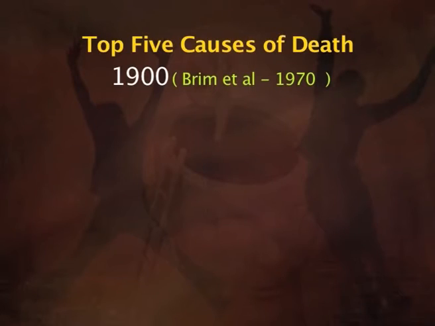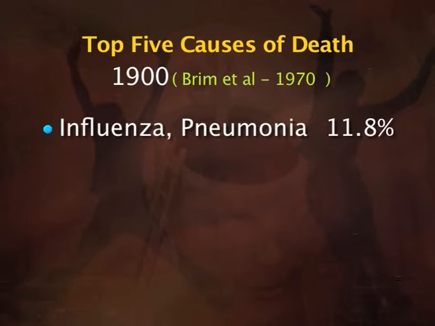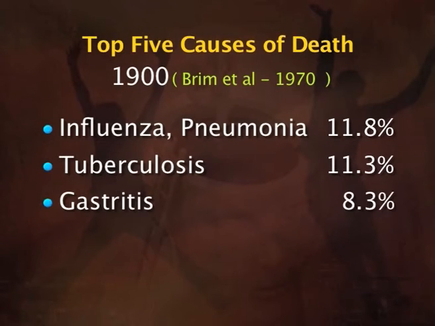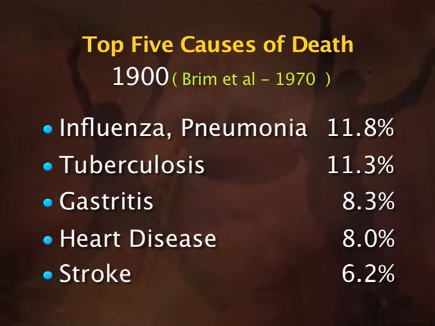You can see the results that are given. In 1900, Brim et al., in their research, have shown the top 5 causes of death, and they found that influenza and pneumonia topped the list, followed by tuberculosis, then gastritis, and then only heart disease and stroke.